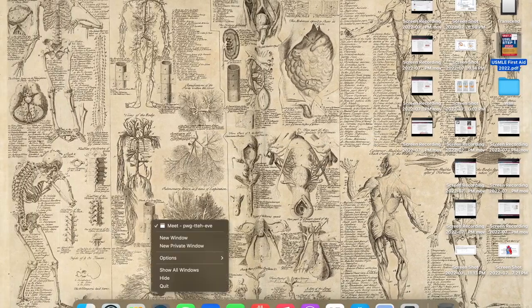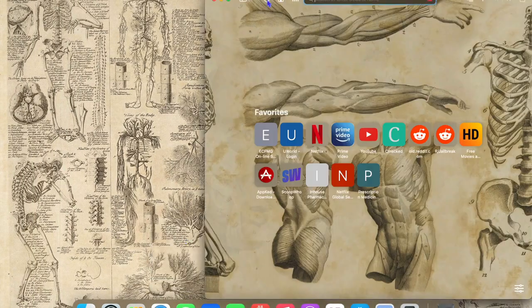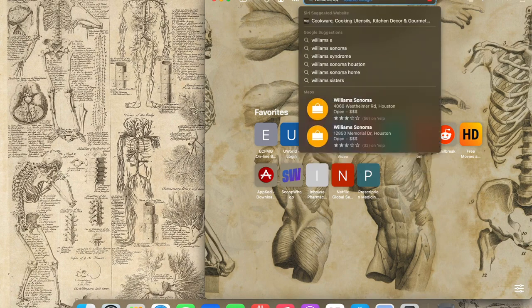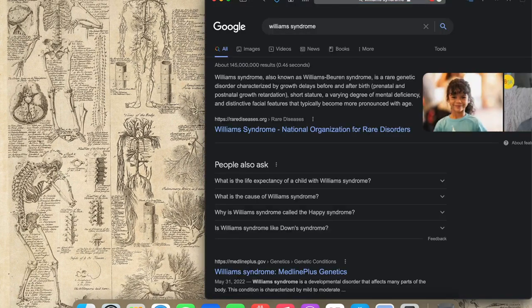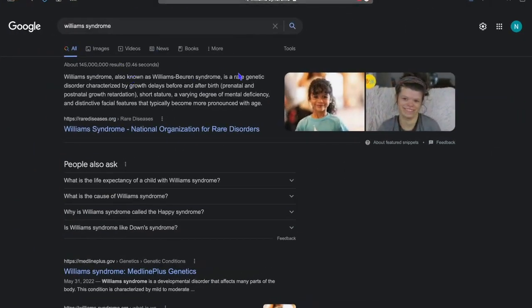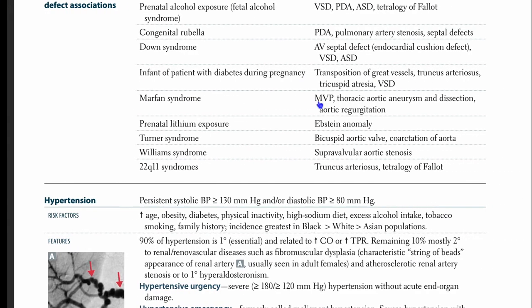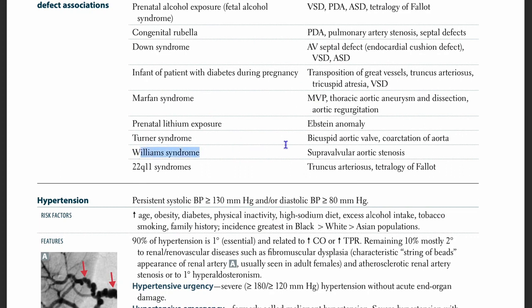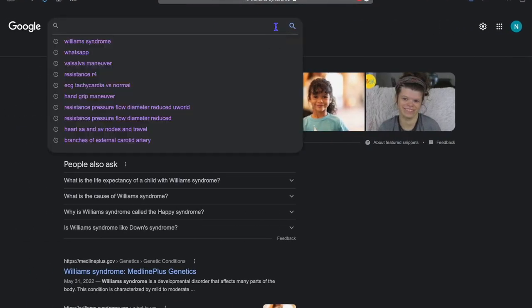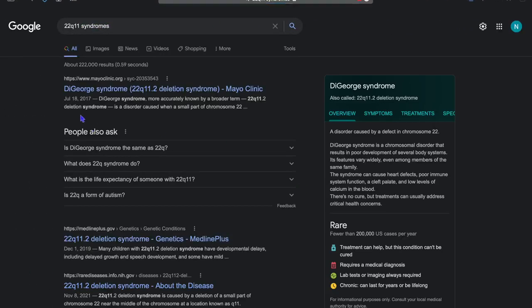Let's check that one out real quick. Okay, so it's the ELF one, because you have Will Ferrell in the movie Elf, and this is the one with the elfin facial features. Supravalvular aortic stenosis. Then you have 22q11 syndrome. That's DiGeorge syndrome with the thymic dysplasia.